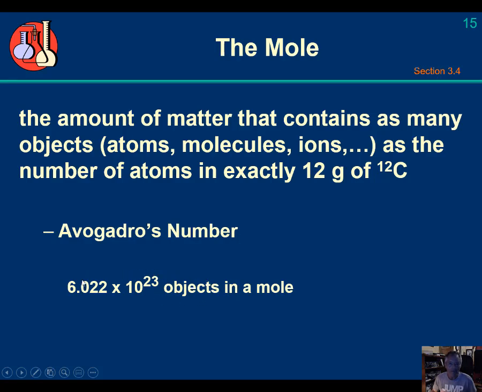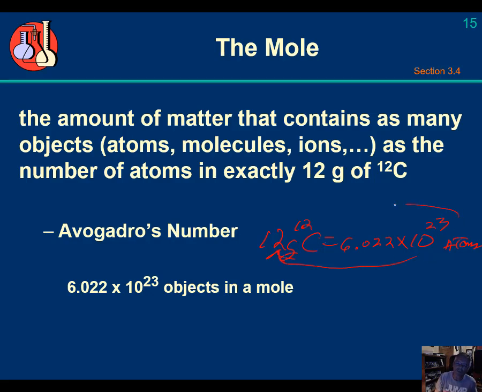It is the number of objects that is equal to exactly 12 grams of carbon-12. There are 6.022 times 10 to the 23 atoms in exactly 12 grams of carbon-12.